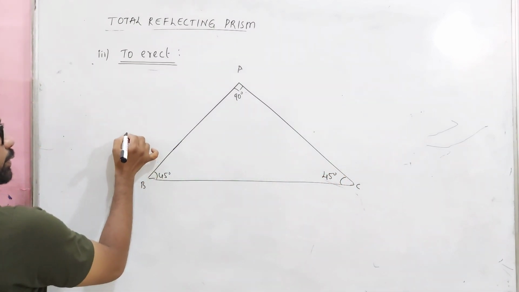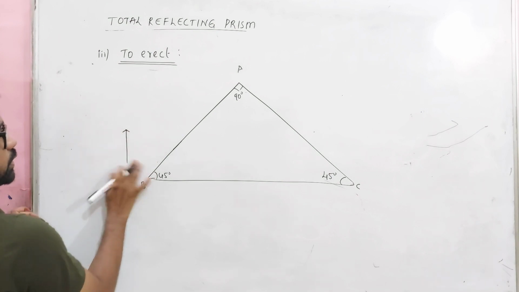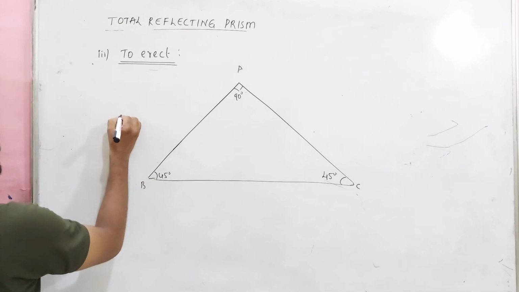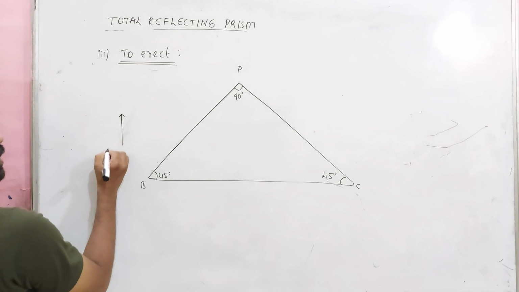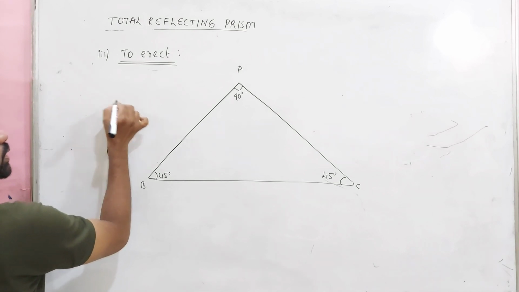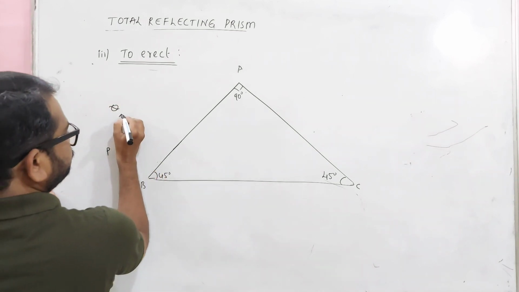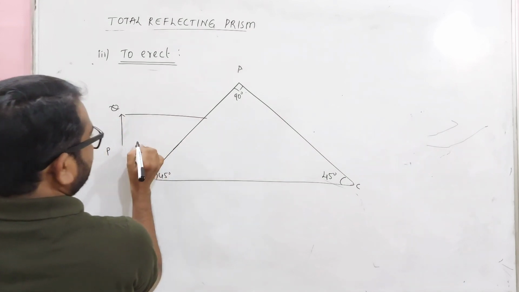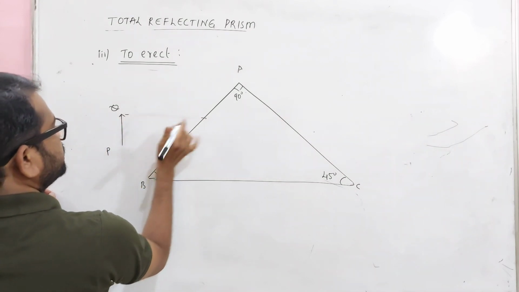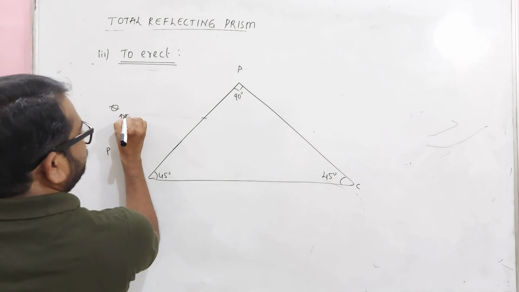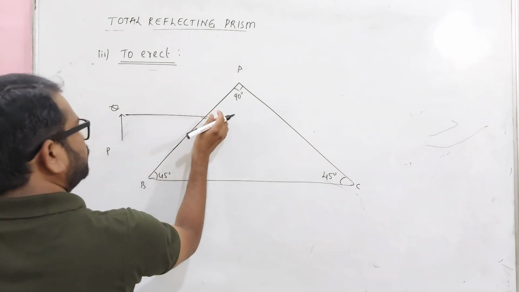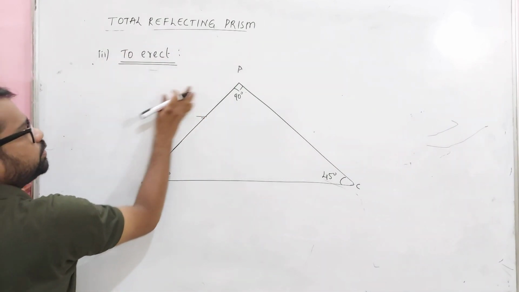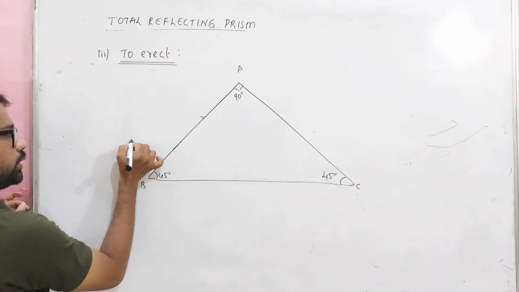Children, here is an object, let us say. Let us put here one object PQ. From here, light rays are coming like this. Let us take a small object so that it will be more convenient to draw the diagram.